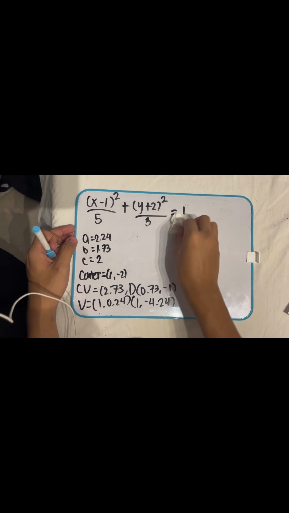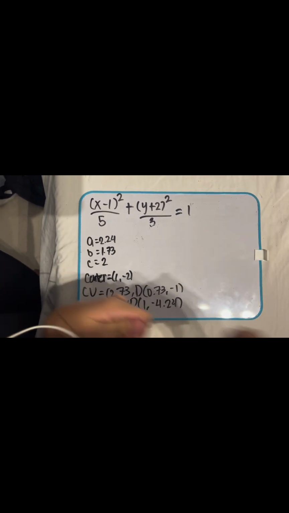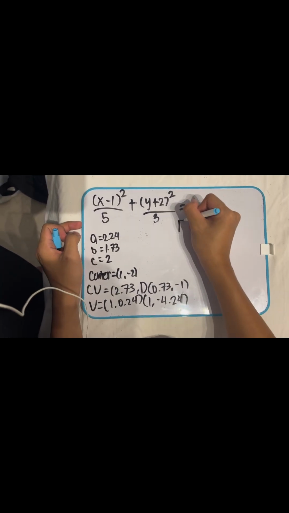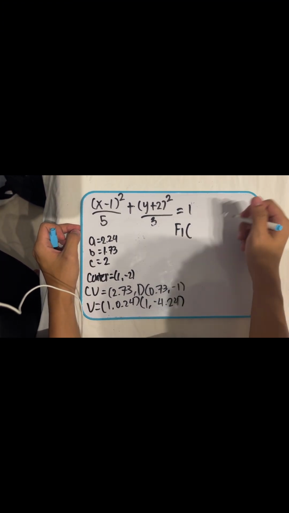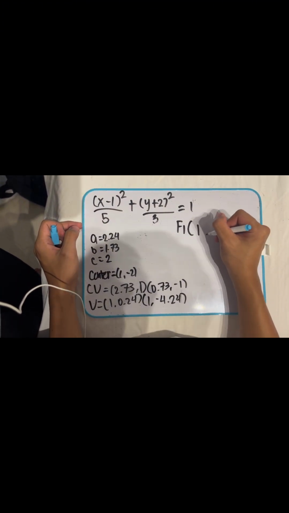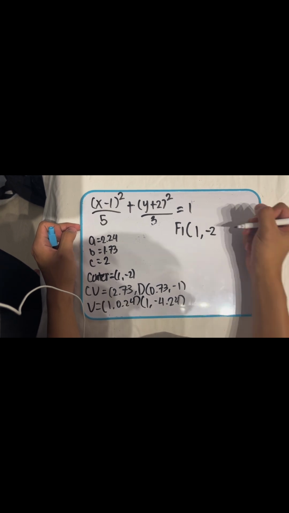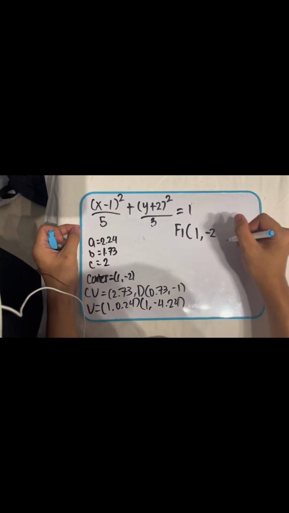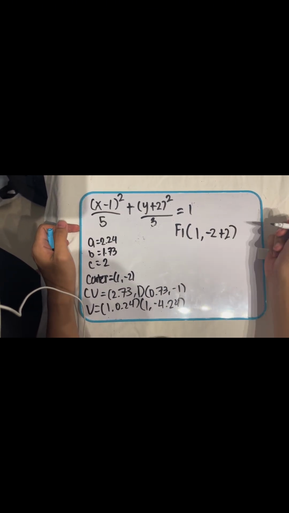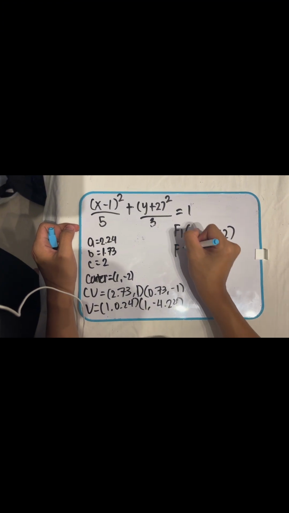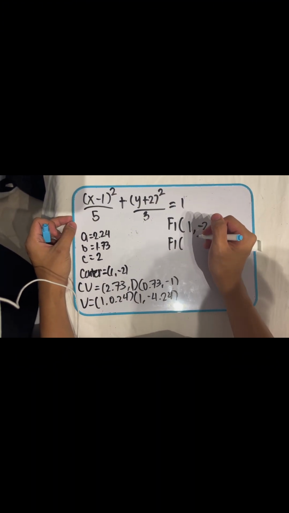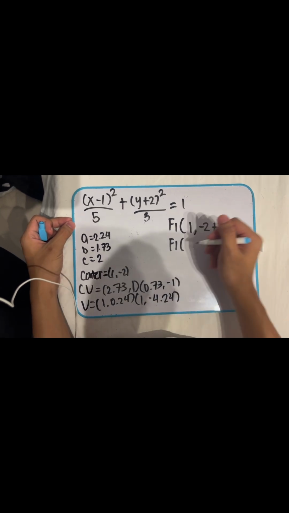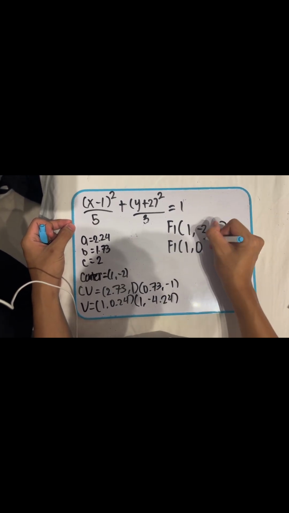Then we write it down as 1, negative 2 plus 2, equals 1 and 0.